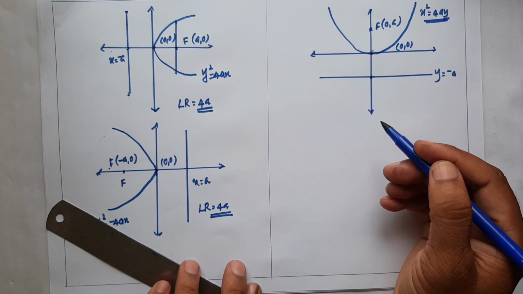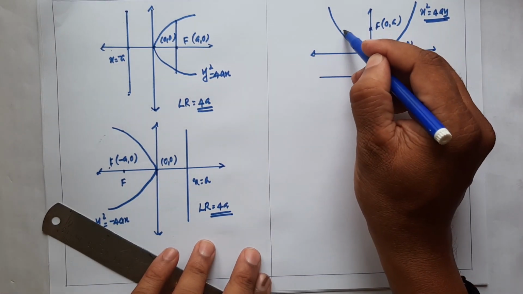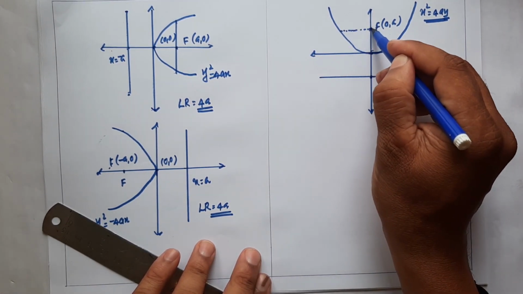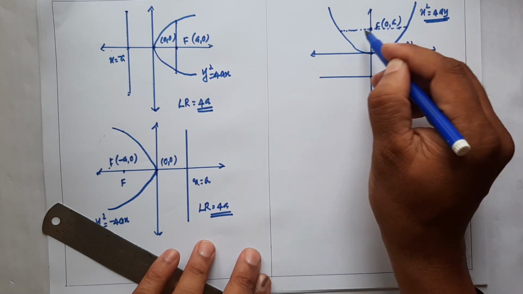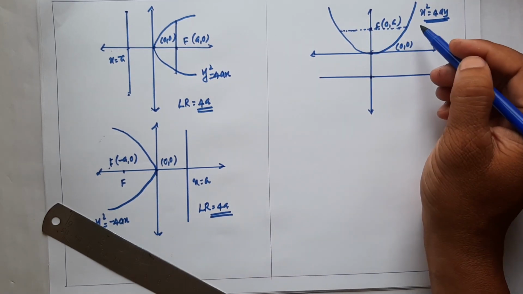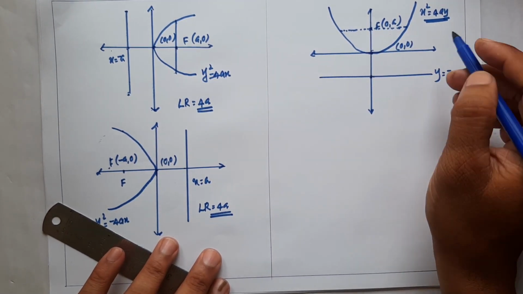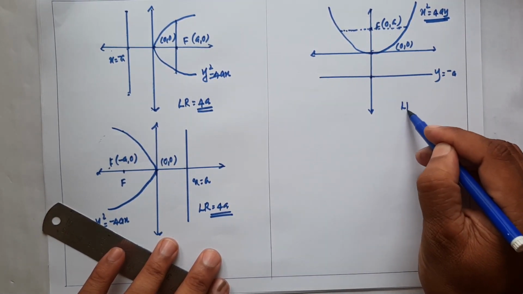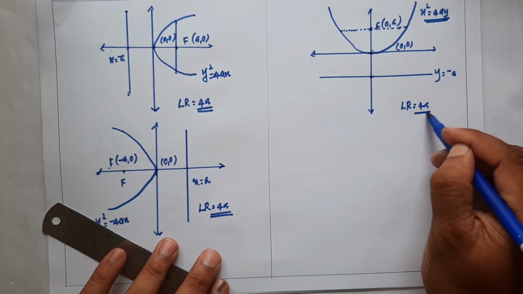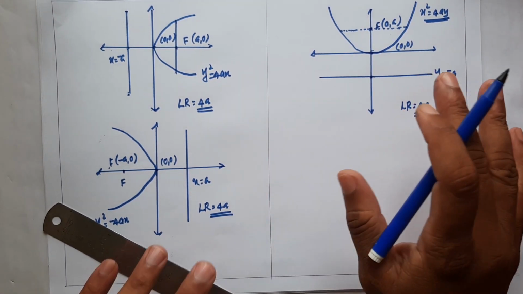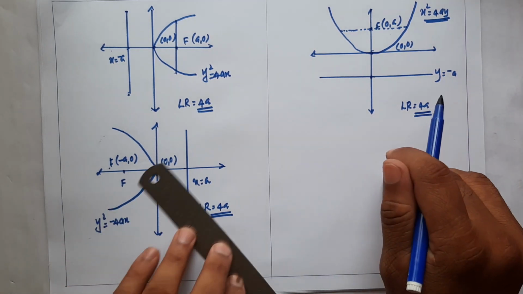The latus rectum passes through the focus, is perpendicular to the axis, and its end points lie on the parabola. LR is the same, 4a. The length of the latus rectum is always 4a.